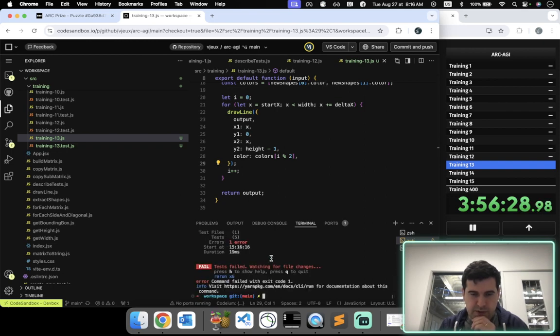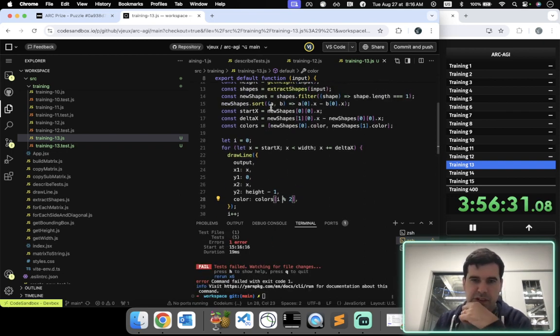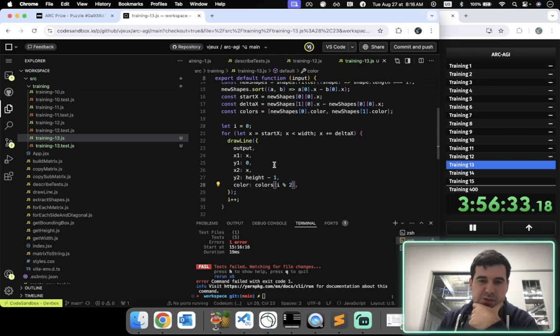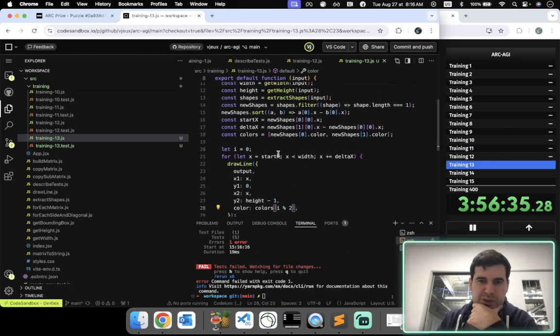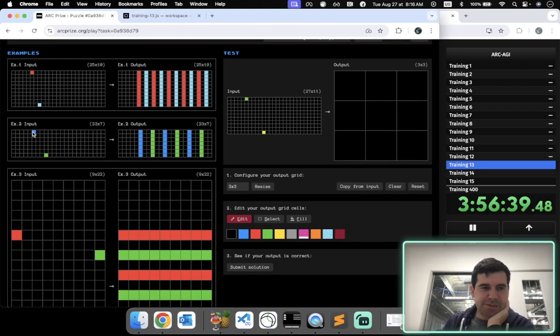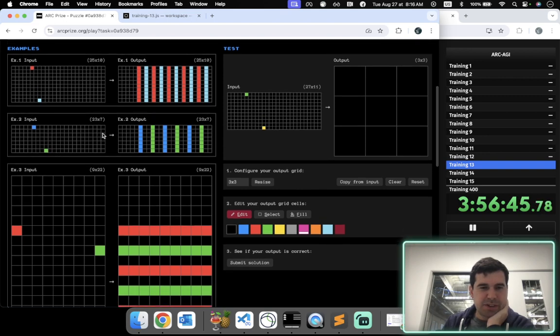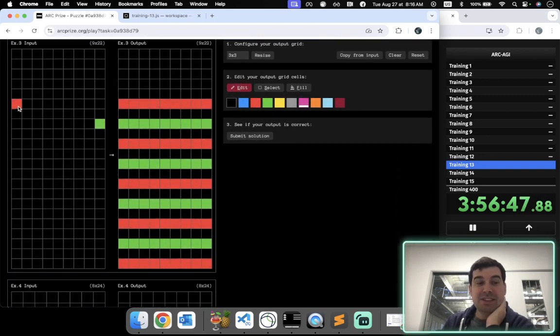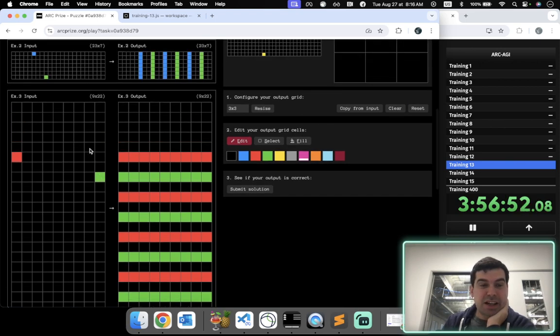Yep. So the issue is that this is going into an infinite loop. So 1 and 2 are passing, but 3 is probably going into an infinite loop. And so what I was thinking was if we have those that are horizontal, then we do it. And if it's vertical, then what we can do is flip.